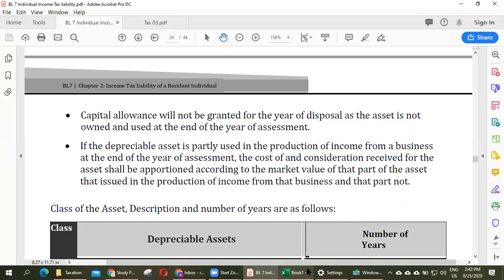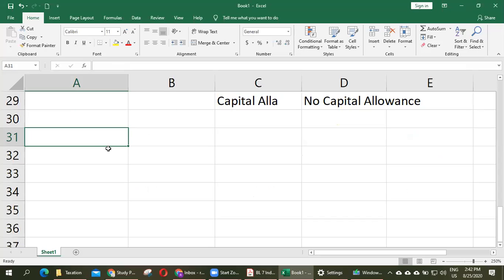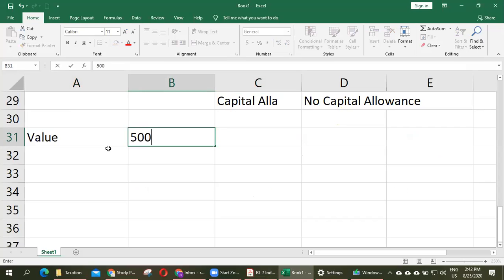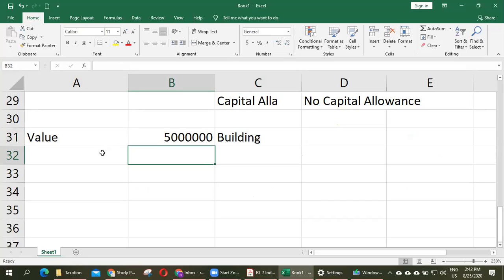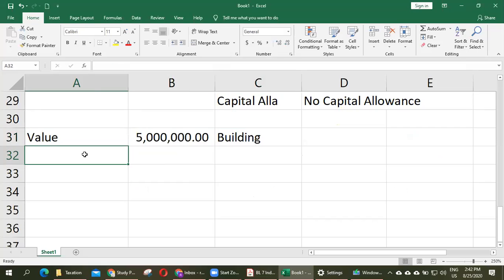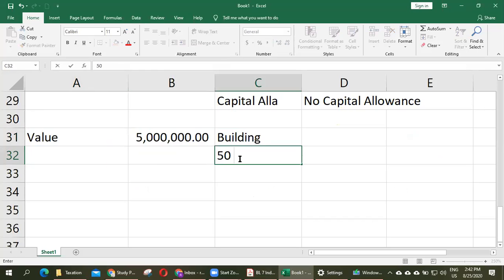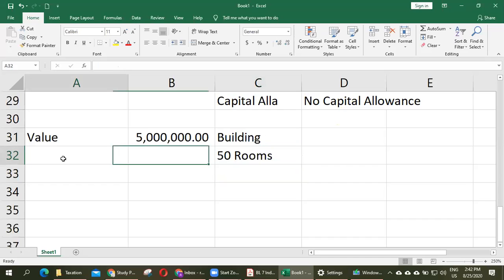Here an asset value is 5 million. Say it's a building, and it has so many rooms, say 50 rooms. This building belongs to a company or a business organization.